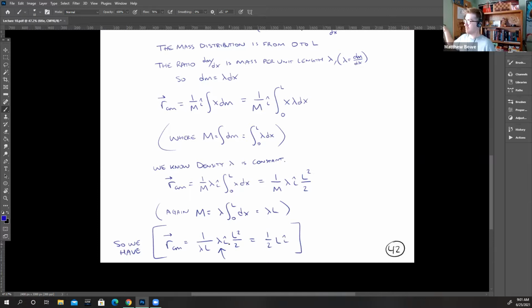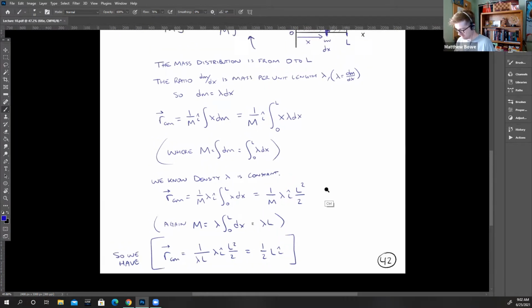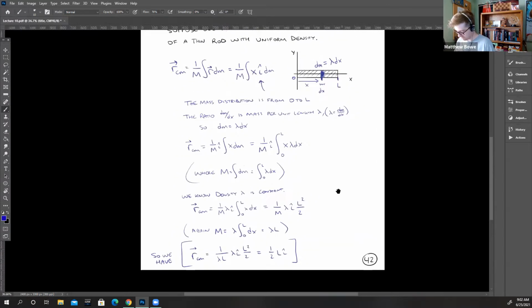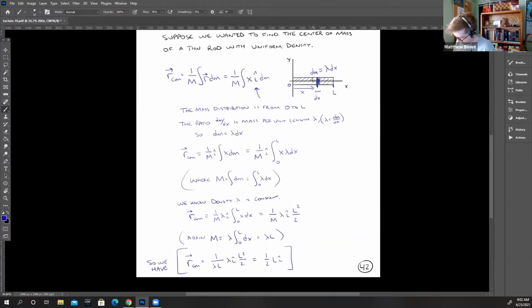Maybe you're making an awning, building something that needs to balance, and you know that part of it is wood, part of it is metal. It's got a different density as it moves along. So there is a reason for this. It just so happens that in this very simple example, the center of mass is right in the center.